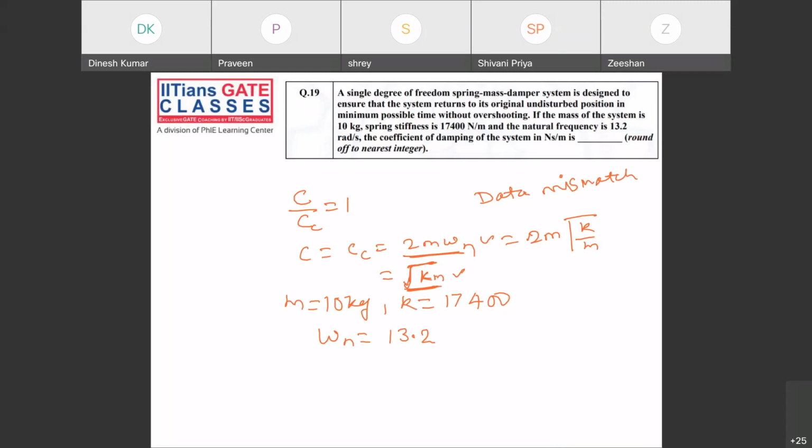So it is 2m omega n, or 2 under root km. Sorry, I was missing the 2 here.